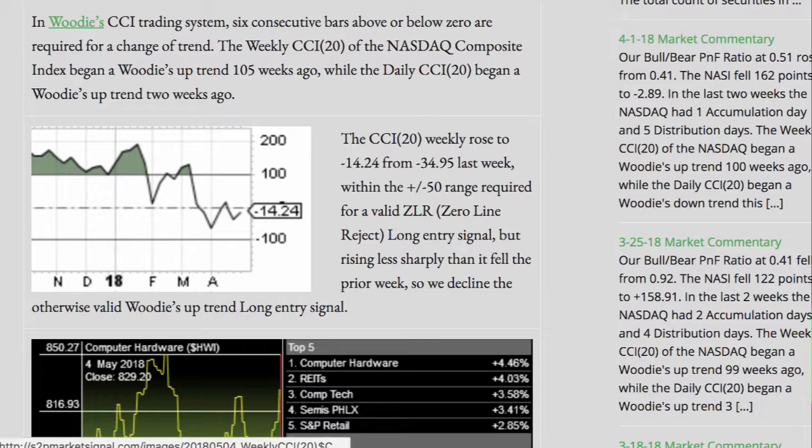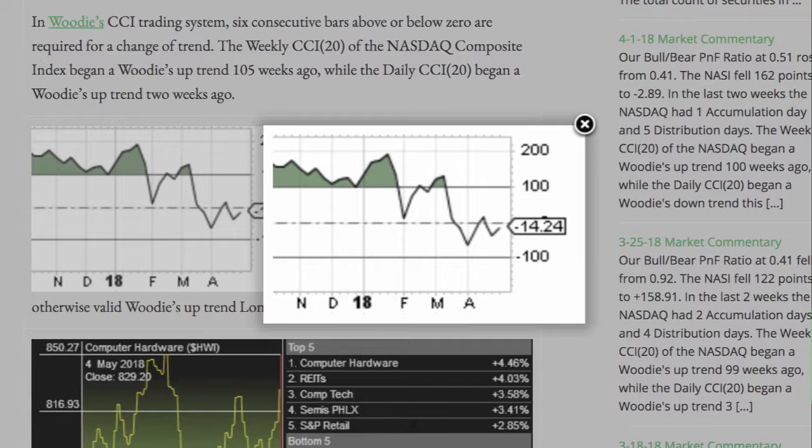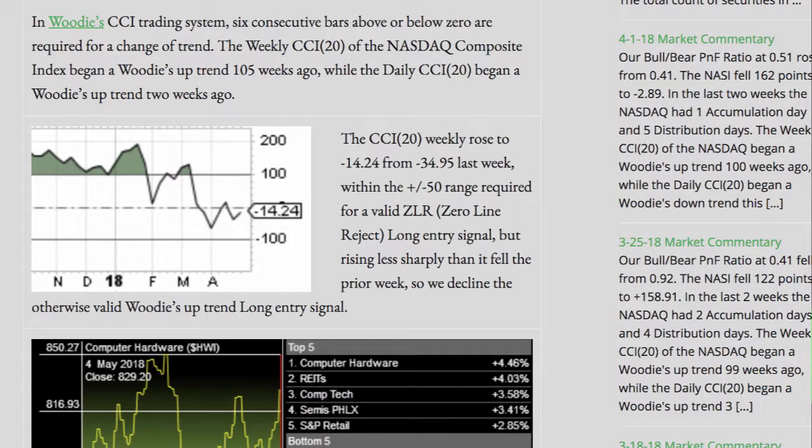The CCI 20 weekly rose to a negative 14.24 from a negative 34.95 last week, within the plus or minus 50 range required for a valid zero-line reject long entry signal, but rising less sharply than it fell the prior week. So we decline the otherwise valid Woody's uptrend long entry signal.